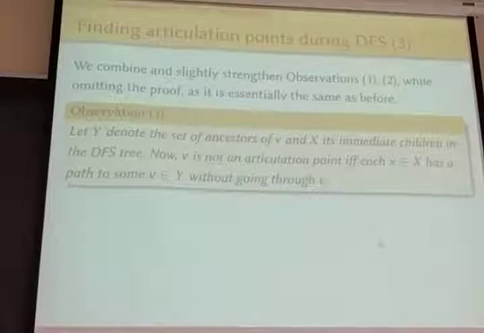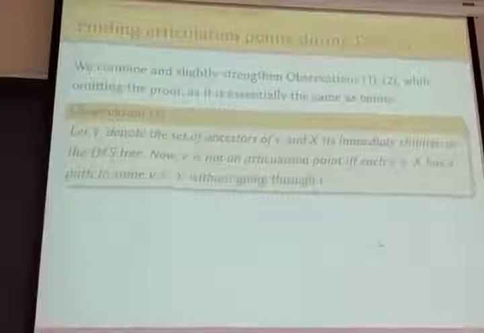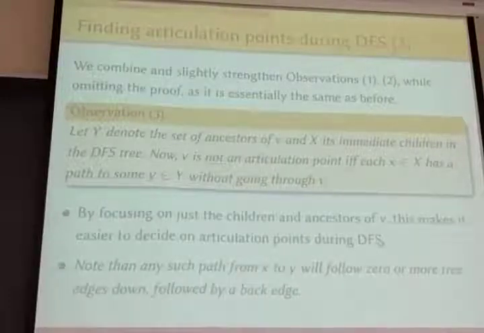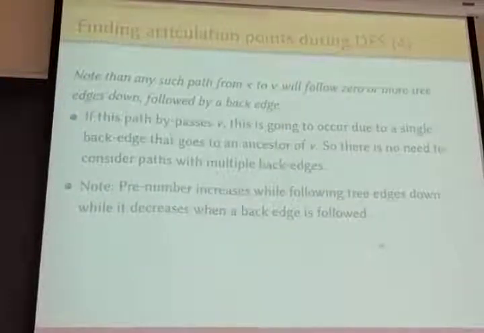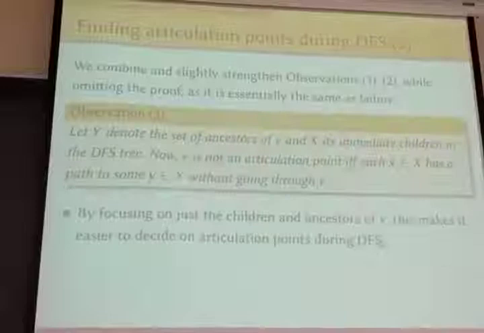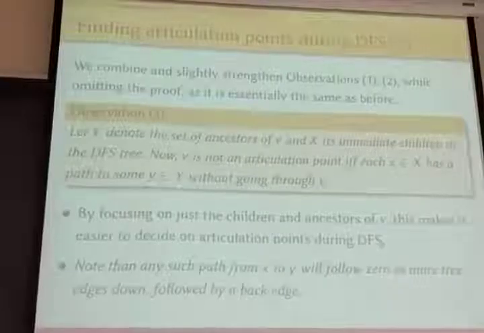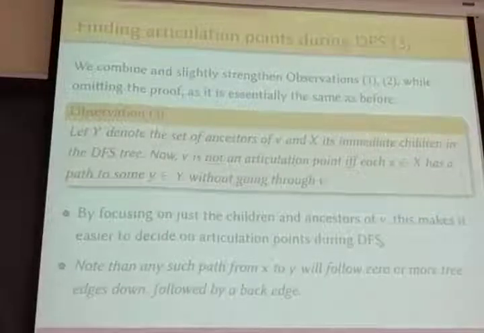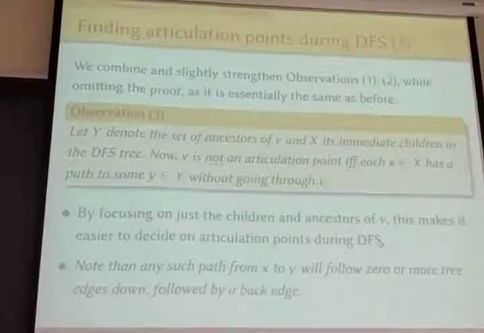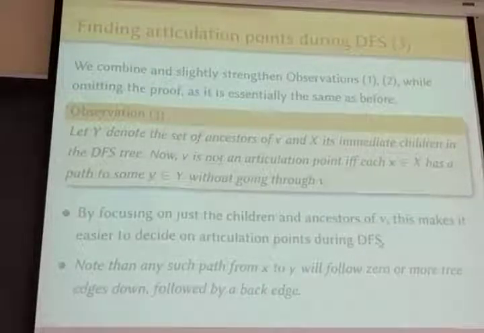Because if you talk about, if there is a path from, okay, so the point is that if, let's say, you have a path from some vertex here to some vertex over there, then that means at least from one of the children you would be able to follow that, right?